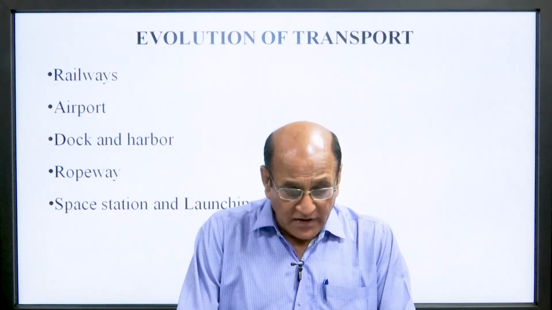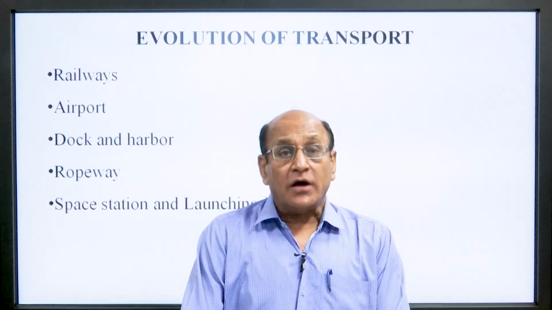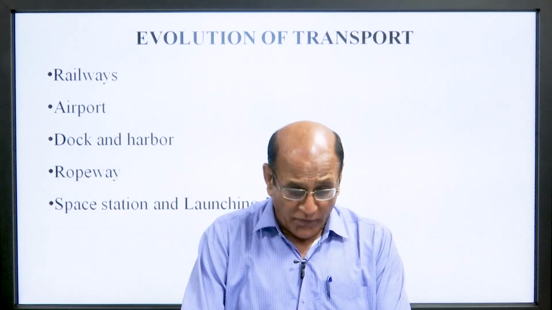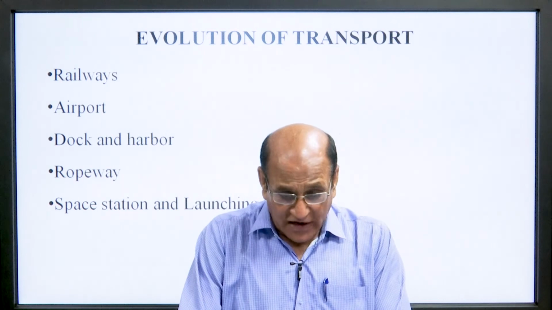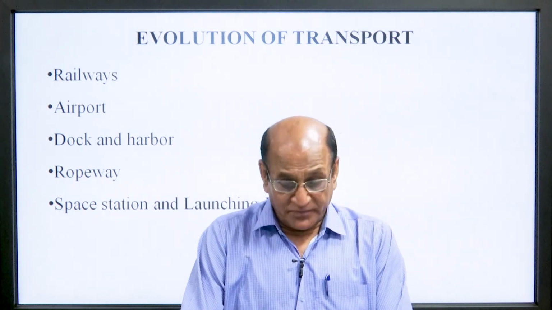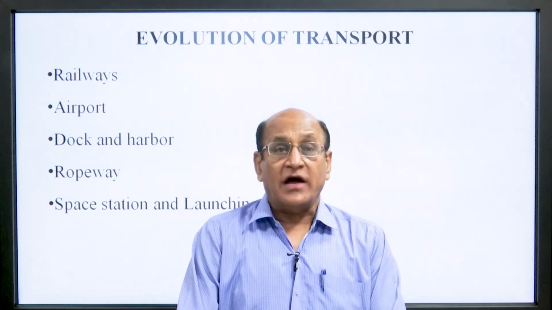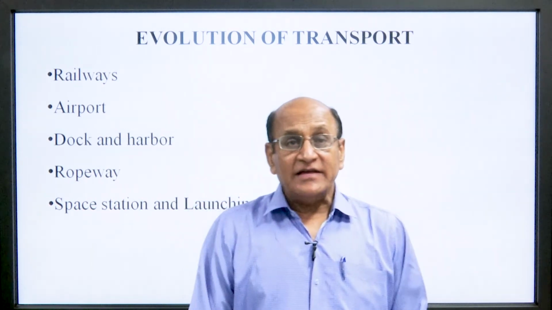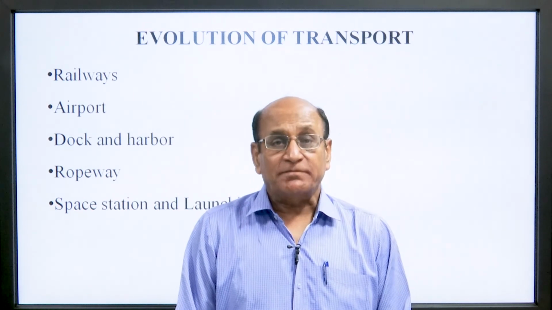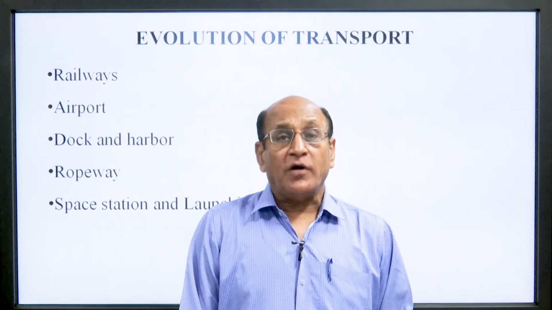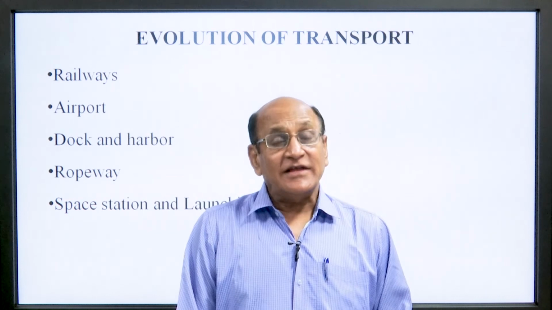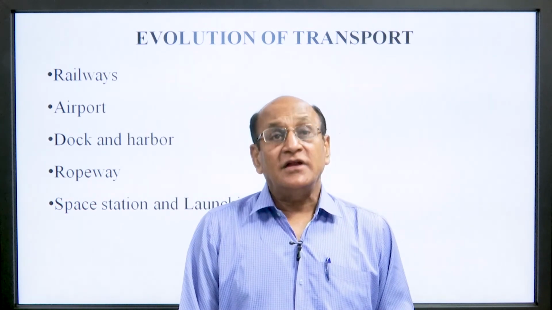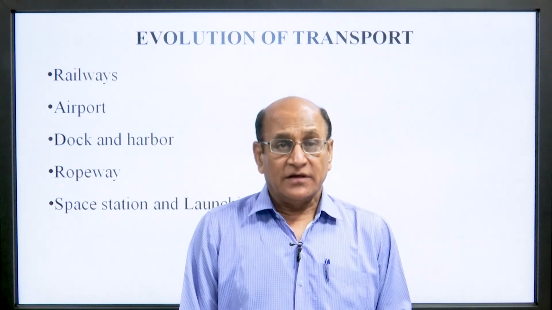Then, based on the mode of transportation: railways, airways, docks and harbour, ropeway, space station and launching pad are different modes of transportation. As we have talked earlier, railway is most popular, cheap and useful for long distance travel, from one country to another and even to other countries also.